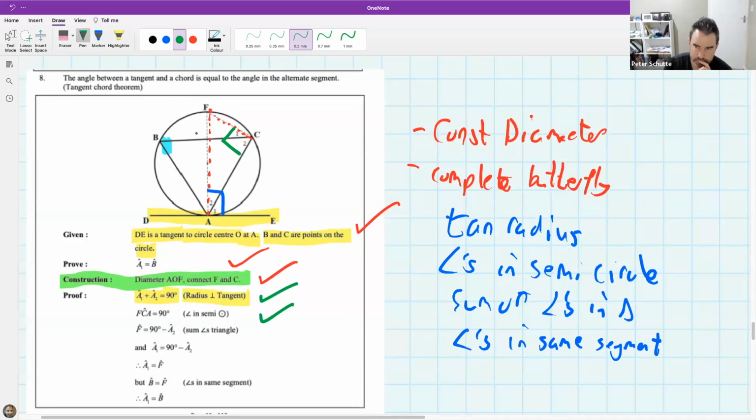Now the next step, we're going to talk about this angle F over here. And we're also going to talk about A1. We're going to talk about this angle down here, FCA is 90, and then F is 90 minus A2. If you look down here, you have this little angle called A2.